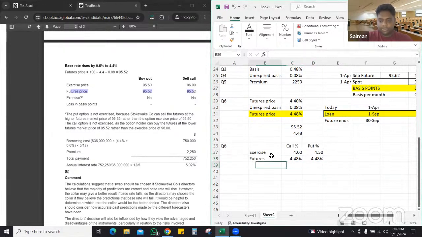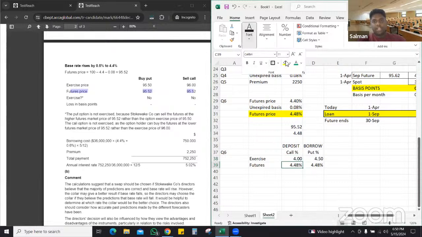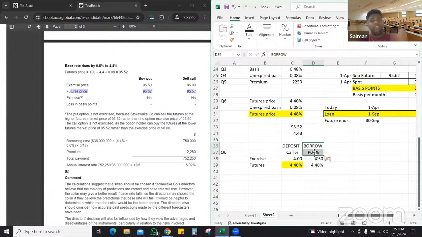Now tell me, students, what would you do? Keep in mind, put option is when you borrow money. Call option is when you deposit money. If you are depositing money, obviously do you want less or high interest? We want a higher interest income. When you borrow a loan, you have to pay interest, so you'll always want to pay less interest.